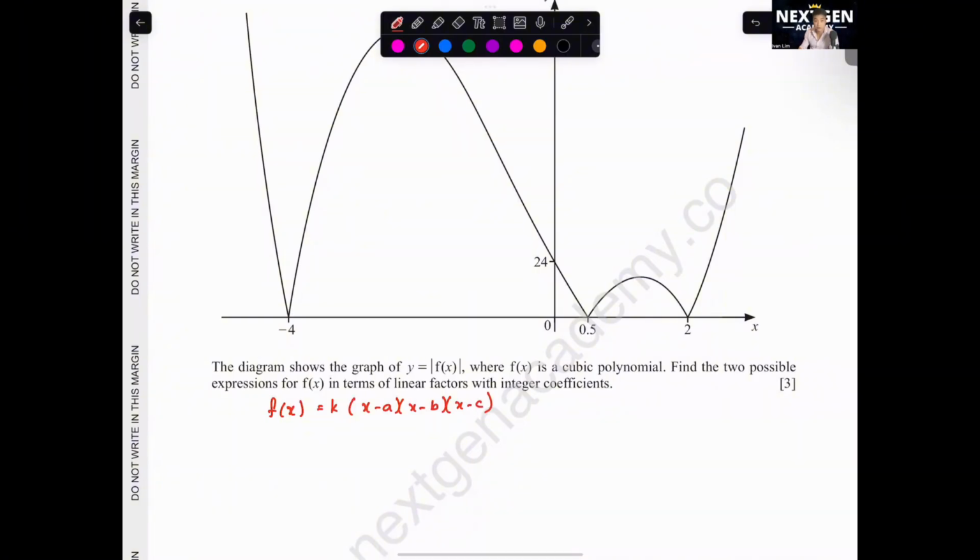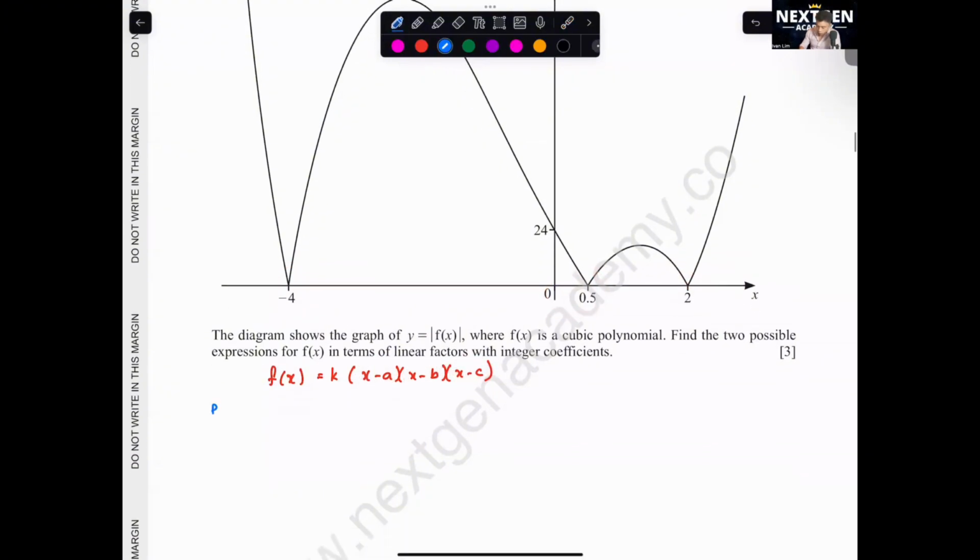We first have to know this form. Everyone clear with this form? k, x minus a, x minus b, x minus c. Easy, right? We will always start with plotting out the roots first. These 3 values in the brackets would be your roots.